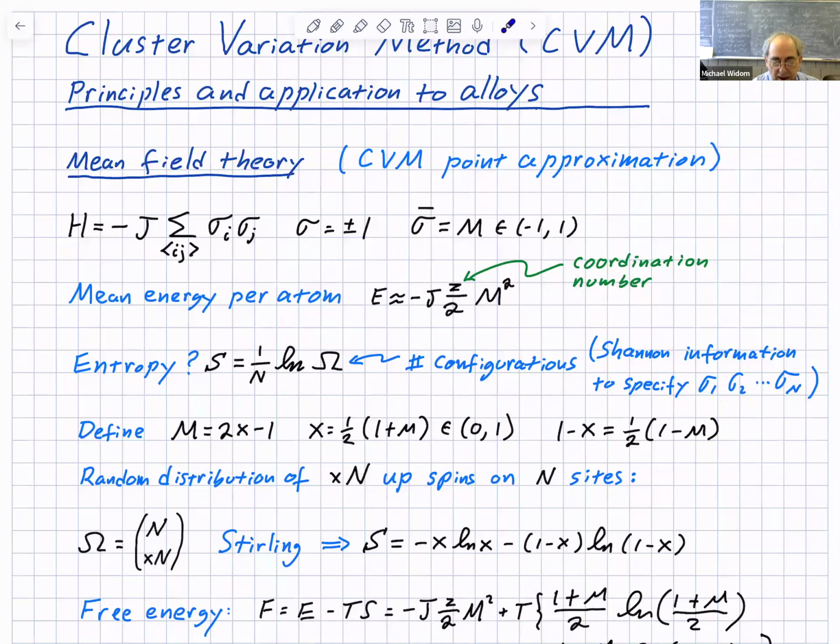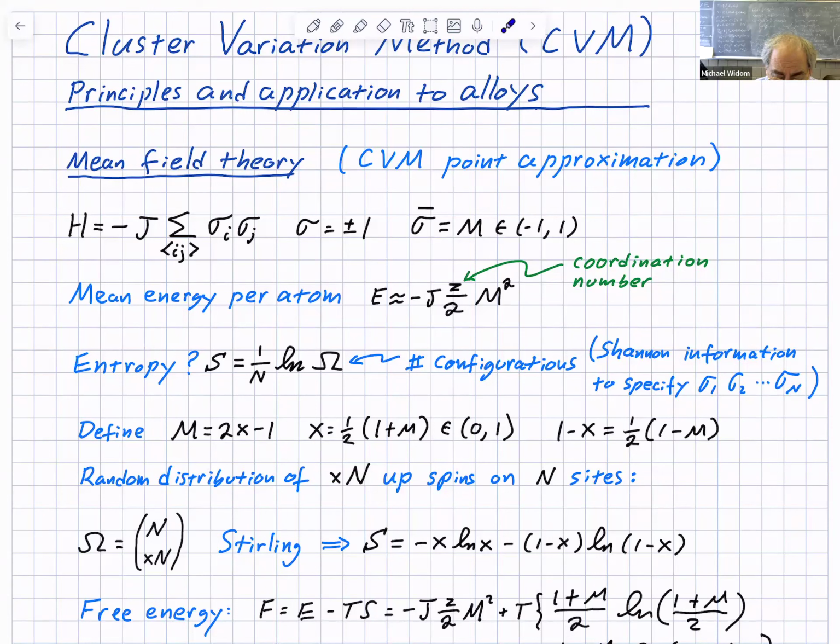That's because log of omega is minus log of 1/omega, and 1/omega is the probability for a particular spin configuration. If we have omega configurations, 1/omega is the probability for any one of them, at least assuming the absence of any particular order.